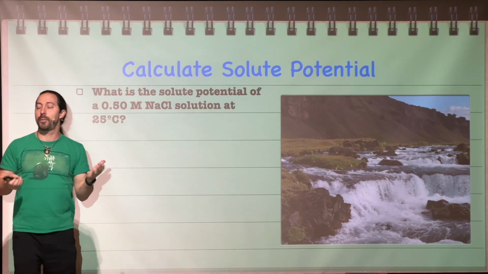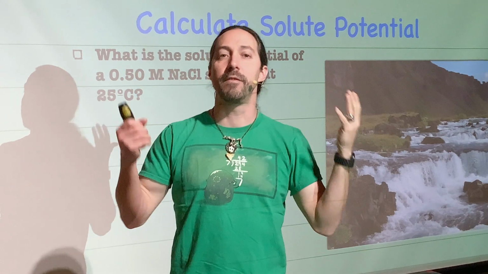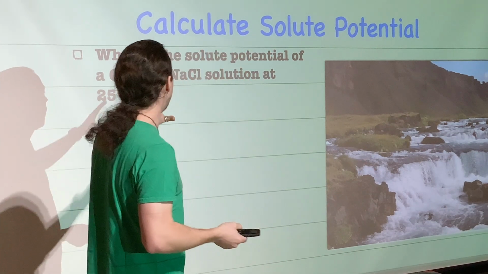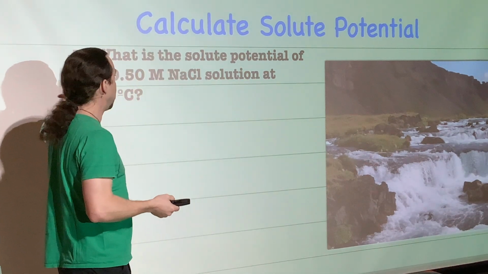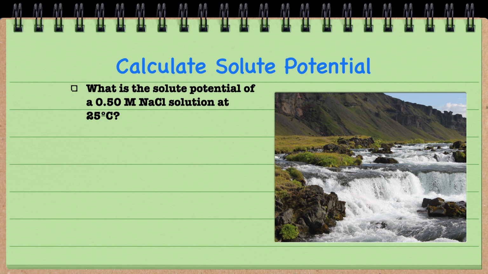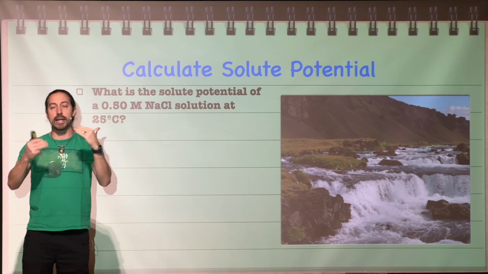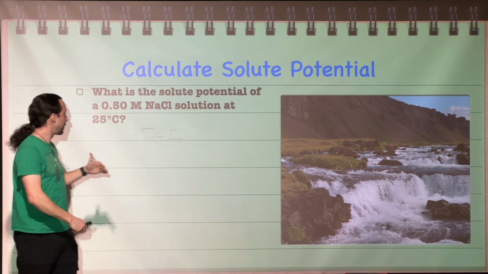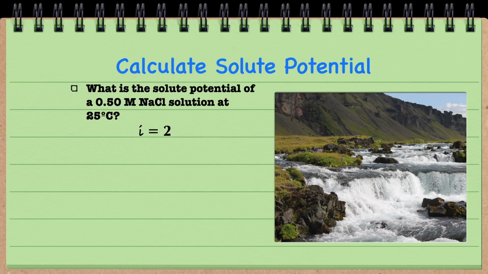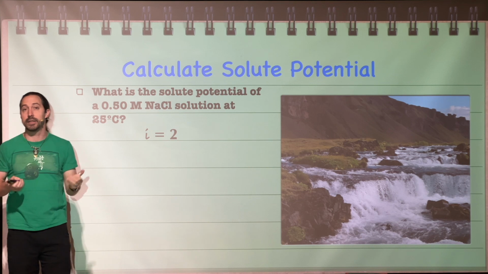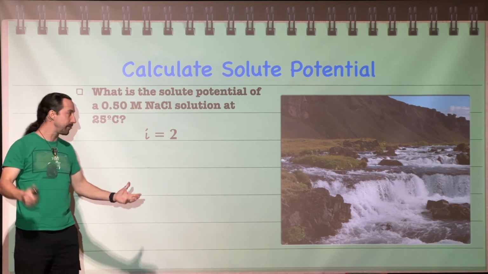What would the solute potential be if you had a 0.5 molar concentration of sodium chloride in solution at 25 degrees Celsius? Well, to solve this, we just have to break down the different parts. First off, i would equal 2, because sodium chloride breaks into 2 separate particles.